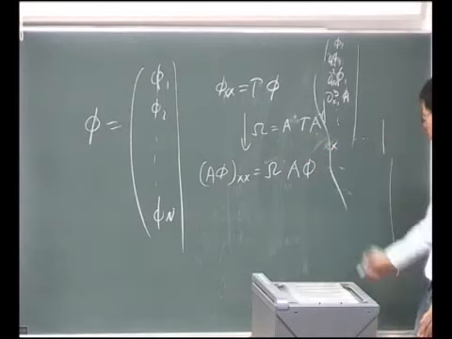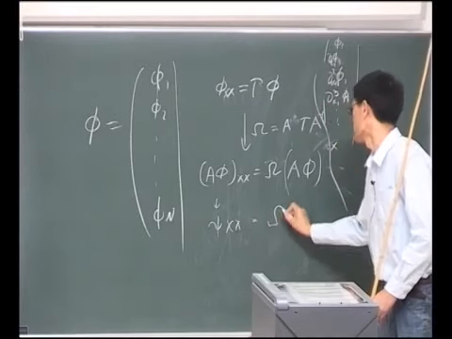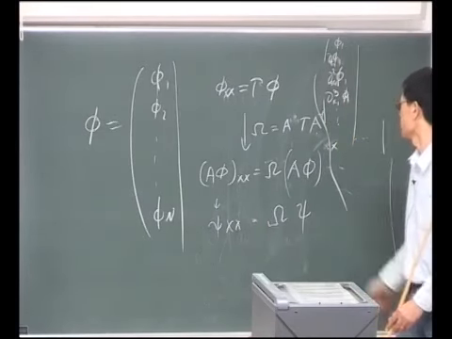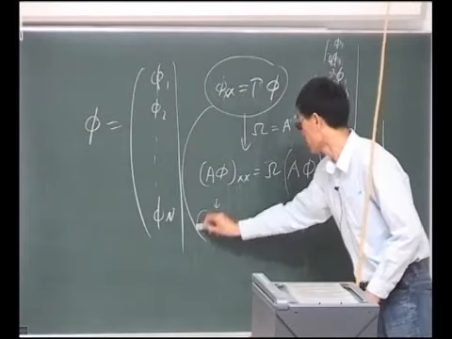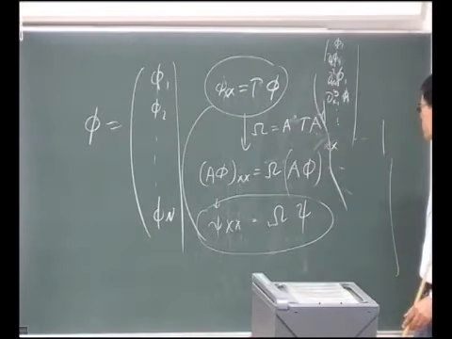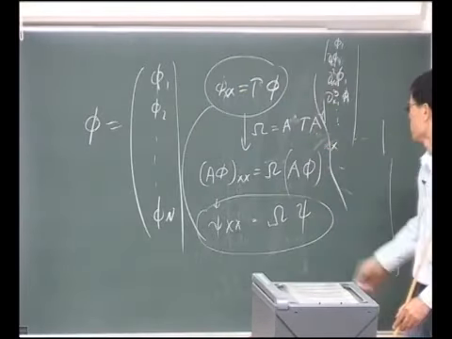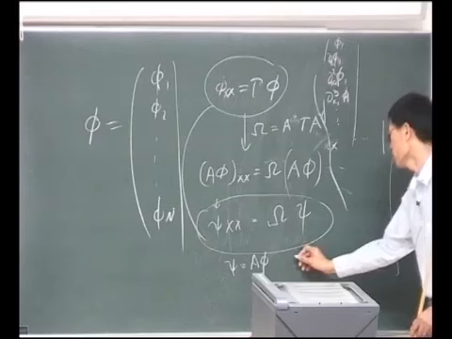And then we can take a new vector psi, which is A times phi, multiplied by A left XX. So from this condition, we get such a condition.